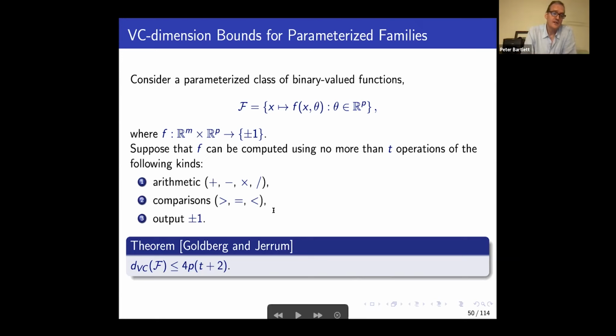But the modifications you can make to this model of computation are actually rather limited. For instance, you can't add the sine function, or suddenly with 1 or 2 parameters, you can have a function class that has infinite VC dimension.